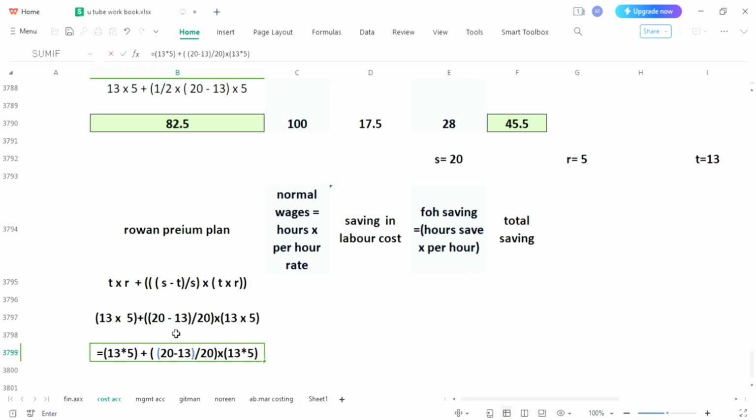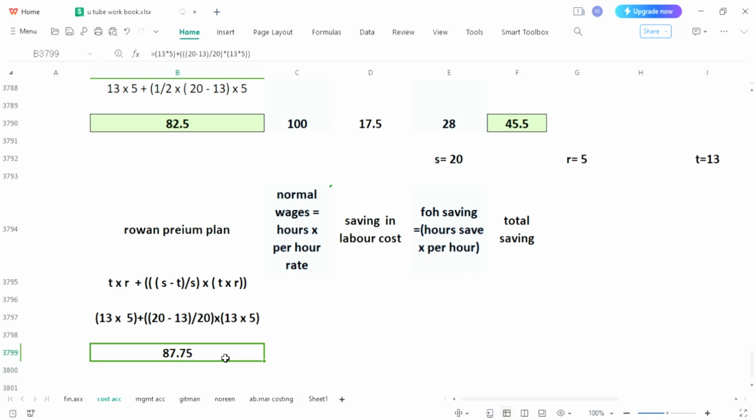Since these amounts should be separately treated, I would like to put another bracket so that it could be separated from normal wages. So here we have, okay, the same thing had happened. This is multiply. So we have got the answer for Rowan plan.